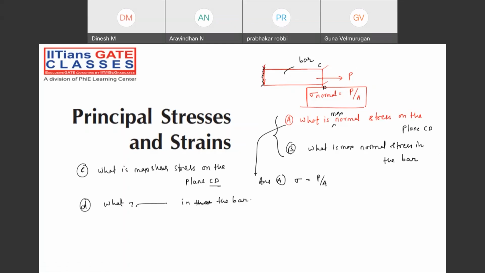You can mention the question number also, A, B, C, D. Forget about A because it is non-zero, since sigma equals P by A. The first question asks, what is the maximum normal stress on the cross section CD? Whatever cross section has been shown, what is the maximum normal stress on it, or in the whole bar?